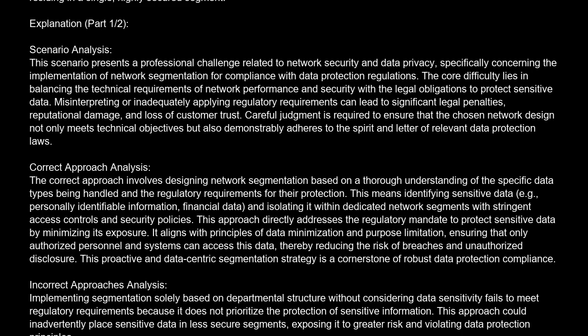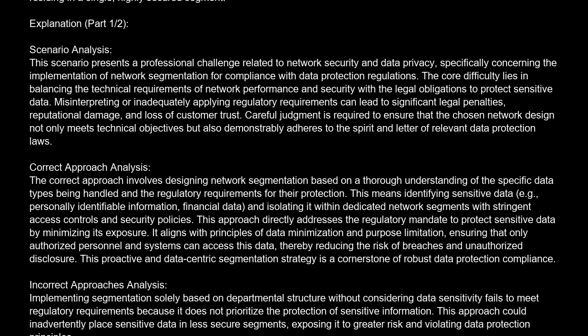Correct approach analysis. The correct approach involves designing network segmentation based on a thorough understanding of the specific data types being handled and the regulatory requirements for their protection. This means identifying sensitive data, e.g., personally identifiable information, financial data, and isolating it within dedicated network segments with stringent access controls and security policies.